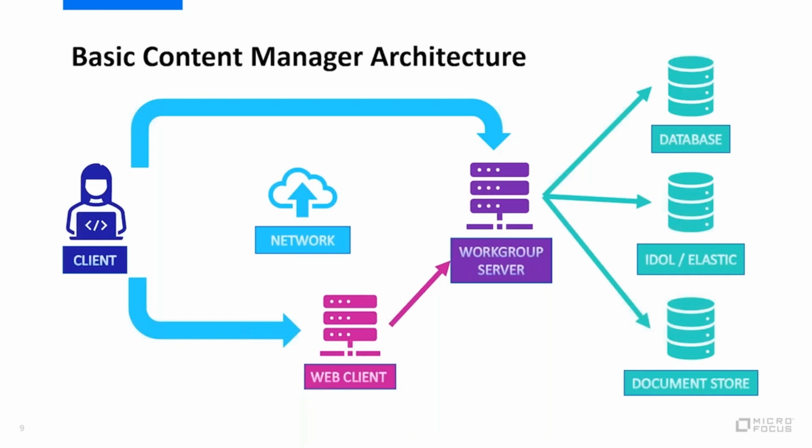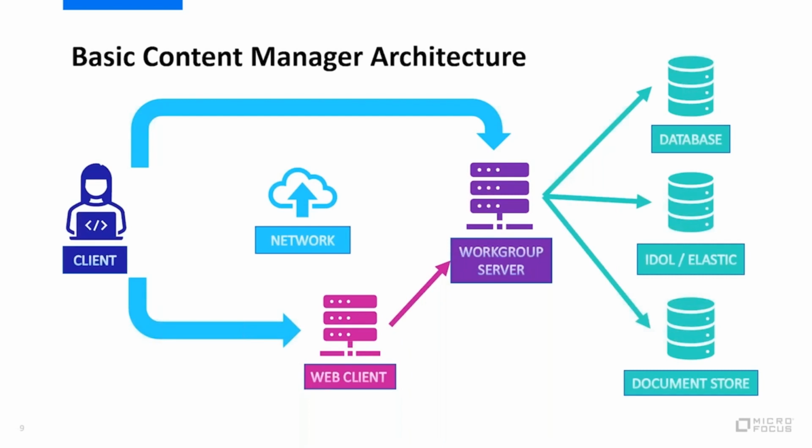So in the case of the user wanting to retrieve information, the user will send the request through the connection to the workgroup server, and the workgroup server will pass the request on to the backend, get the data from the backend and pass it back to the client. And the web client works in a similar way.